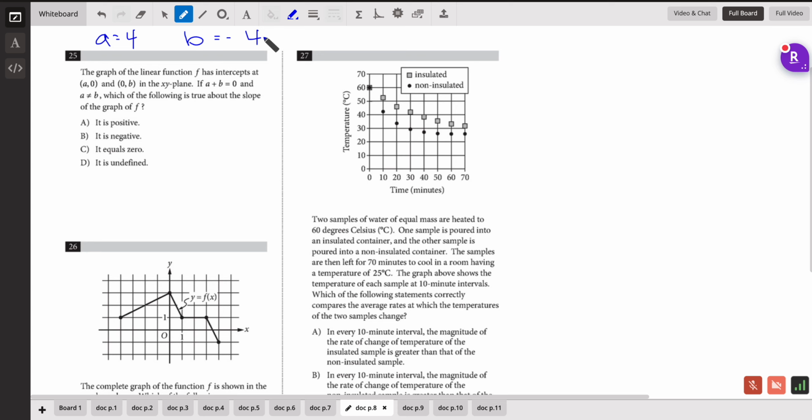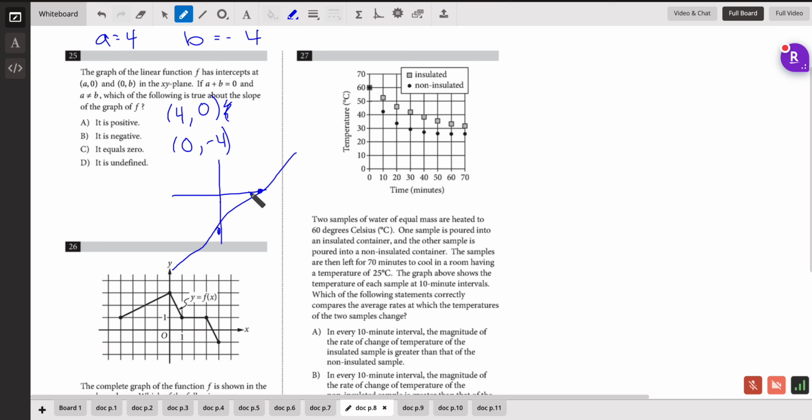So if I have that the first line is, let's just do (4, 0) and (0, -4), okay? And I go ahead and just draw it on the graph. I have 4, 0, 1, 2, 3, 4, and 0, -4, 1, 2, 3, 4. That's going to give me a positive line.